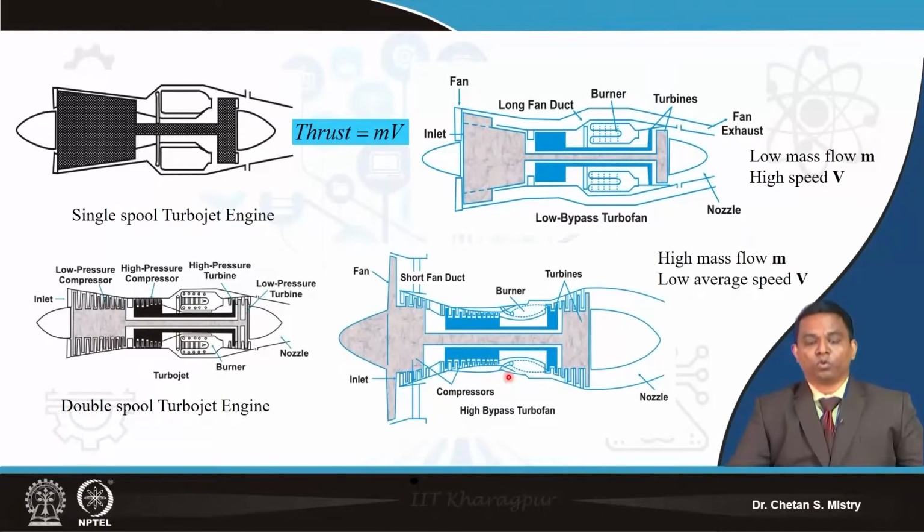Now let's move towards the high bypass ratio turbofan engine. In the recent trend for the use of aero engines, the high bypass ratio engine is a major contributor, because we have a wide range of application for commercial aircraft.